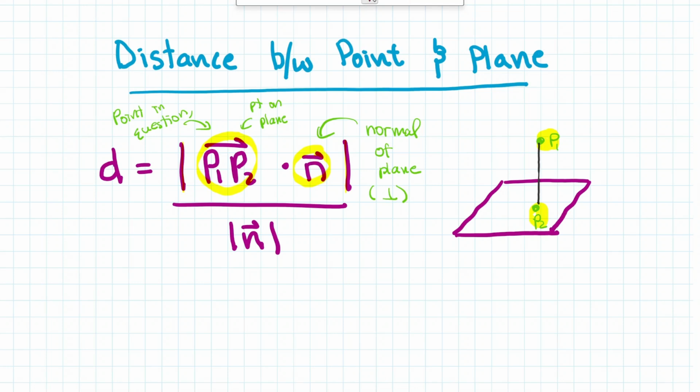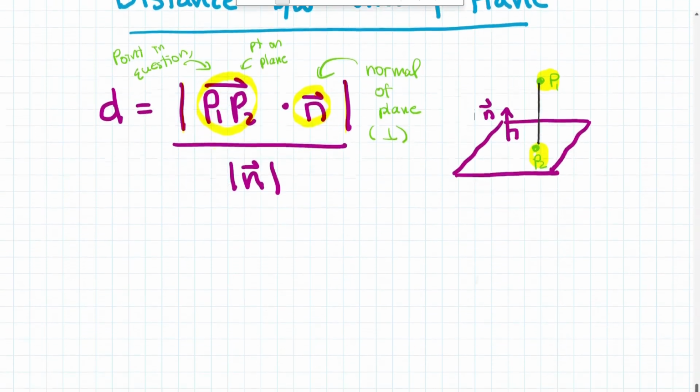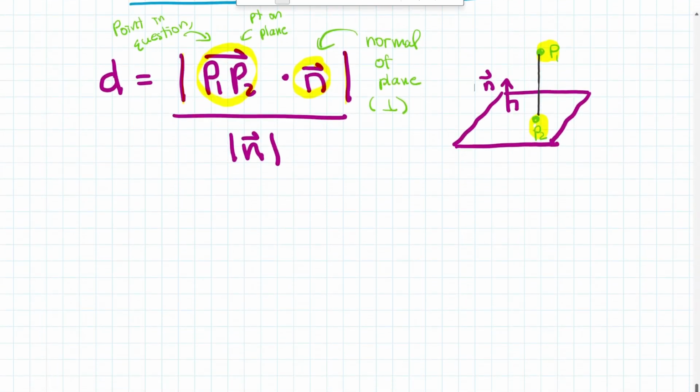And we know that n is any vector that is perpendicular to our plane. So let's look at an example so we can apply this equation in action and determine the distance between this point and our plane.